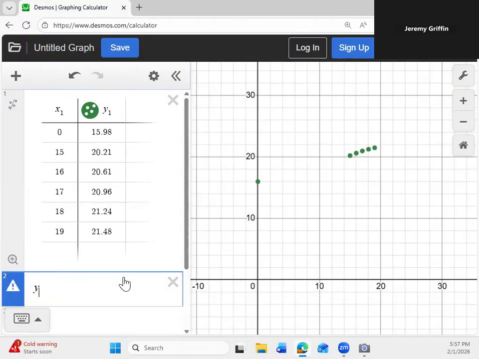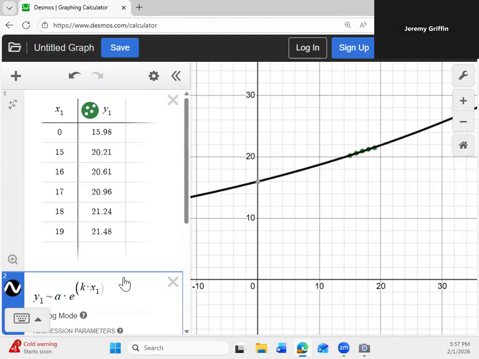So I'll say y subscript one, tilde, then some value a, multiplied by, I'll let Desmos figure out what that is, e to the power of k, and then instead of t, I'll call it x subscript one, so it matches my table. Okay, that looks pretty good. I can go with that.